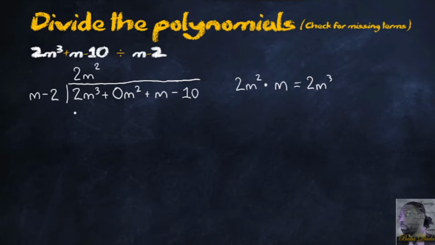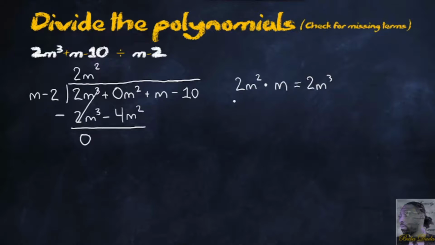And so we're going to have 2m cubed, and then we're going to multiply 2m squared by -2. That's going to give us a negative 4m squared. Now we can start our subtraction portion.